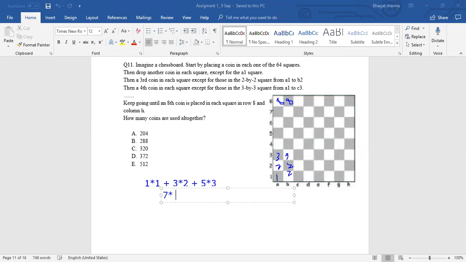How many squares will have 3 coins? 5. Right. How many squares will have 7 coins? 14.